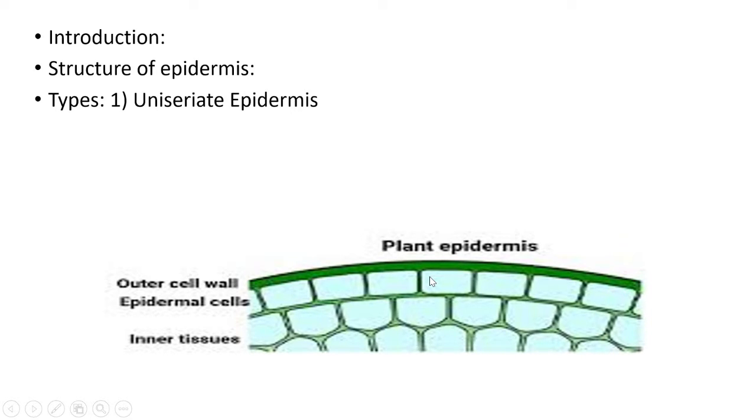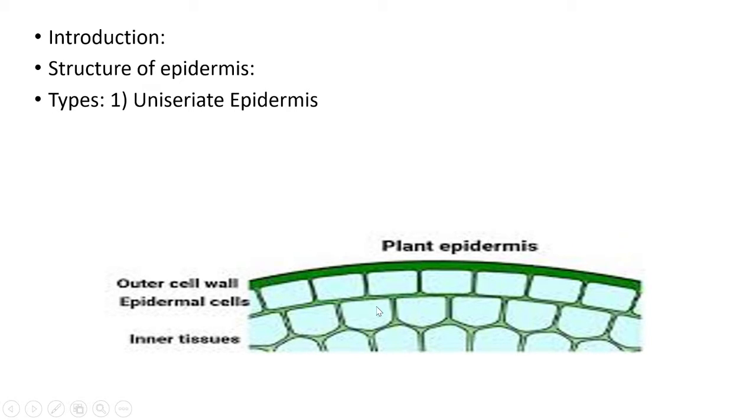The outer surfaces of the epidermal cell walls are usually covered by cutin or wax. The cuticle protects the plant from desiccation and checks the rate of transpiration. Sometimes wax may also be deposited on the surface of the cuticle to form a white powdery lining on various fruits, for example grapes.